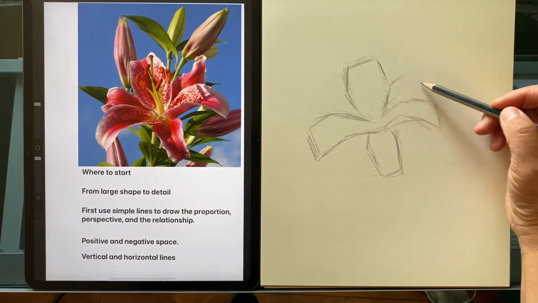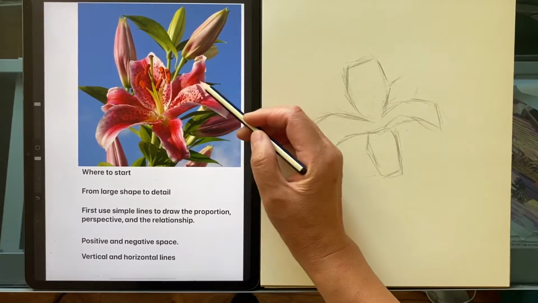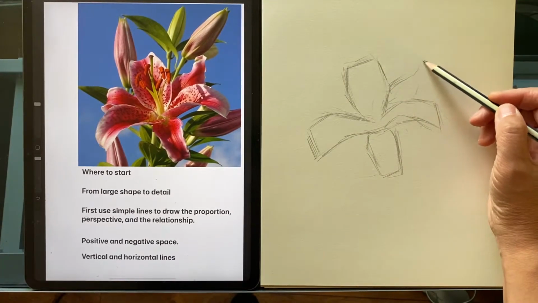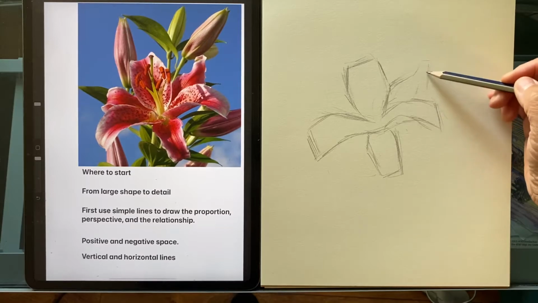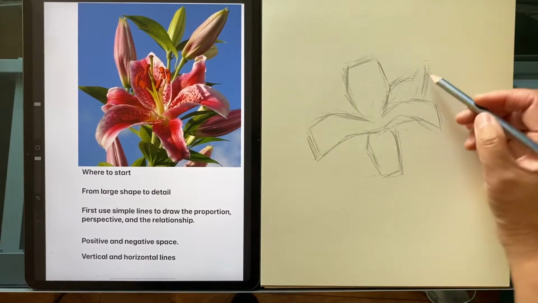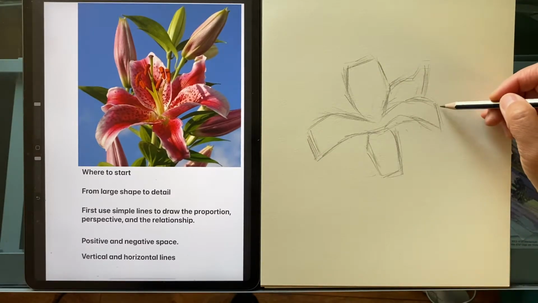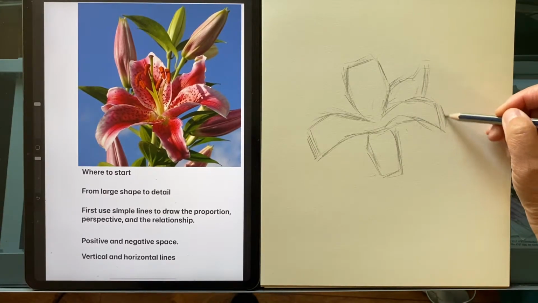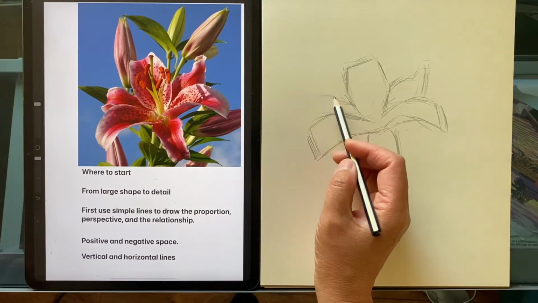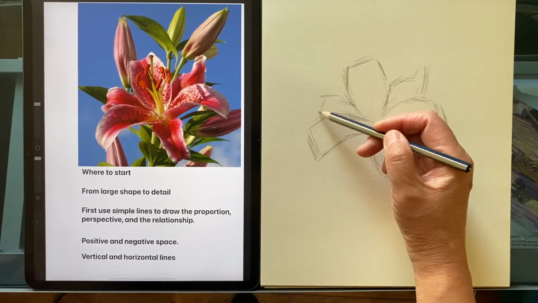Then this is just, you know, see where to start, like right here, and this goes right here. So that means this needs to be out more, and this one goes right here.